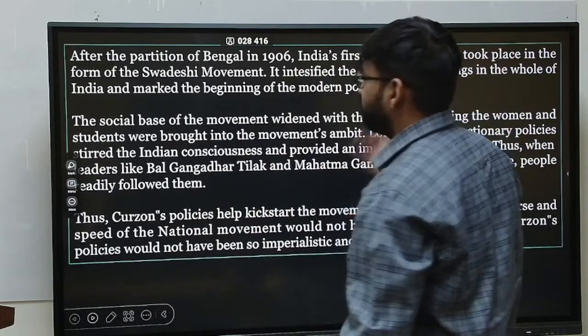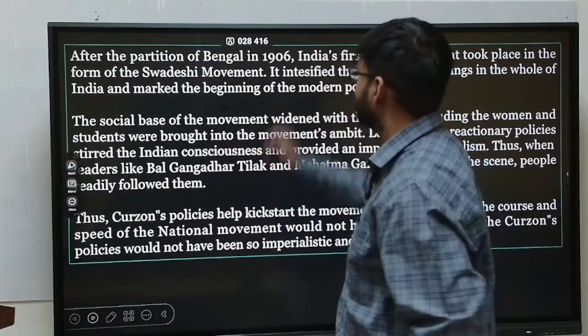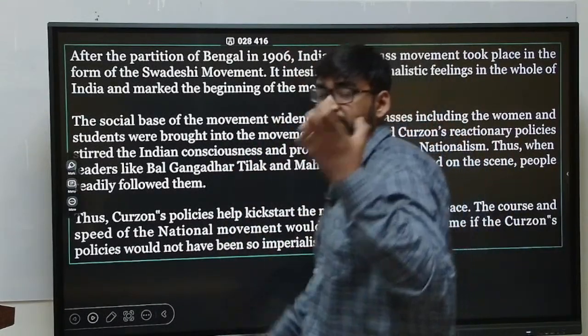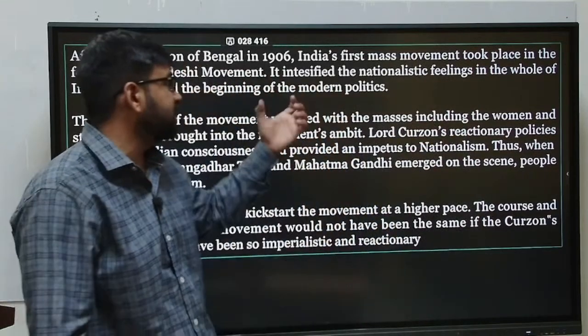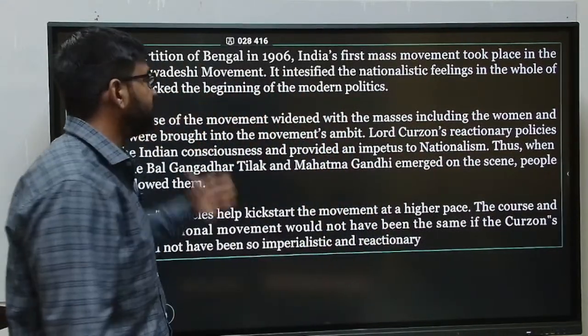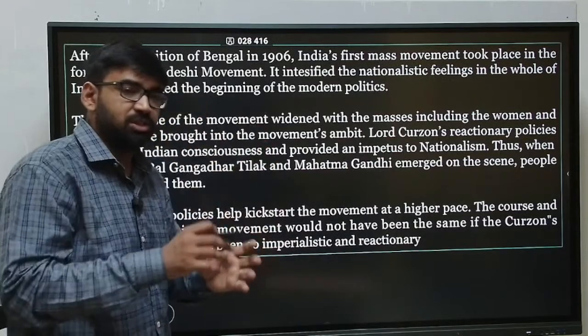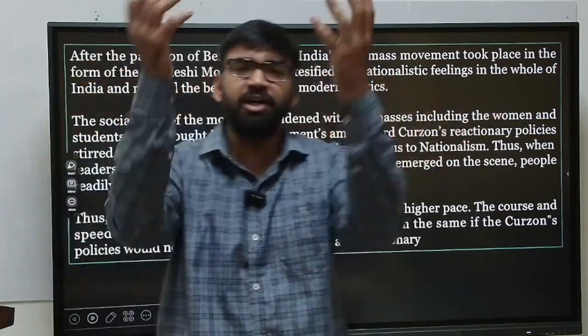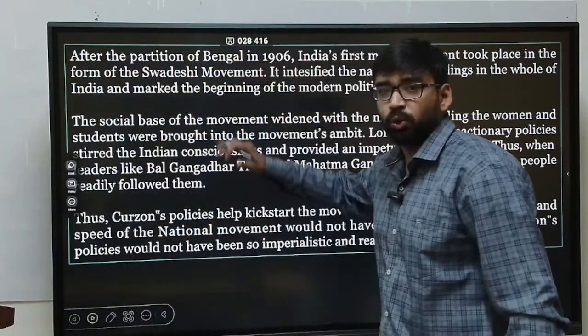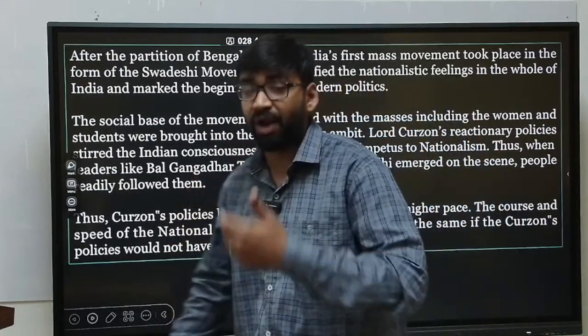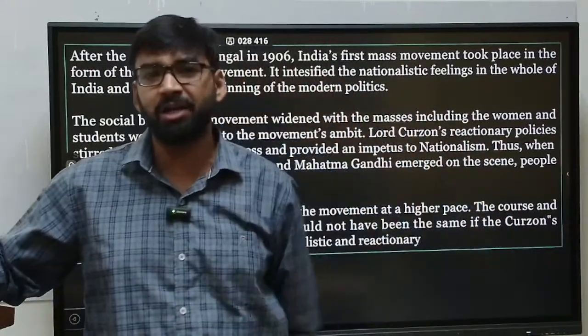India's first mass movement took place in the form of the Swadeshi movement, and this intensified nationalistic feelings in the whole of India. This marked a new era of Indian politics. The social base of the movement was also widened. Now people will participate in mass movement.